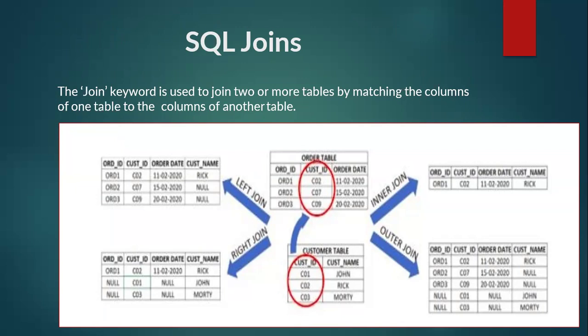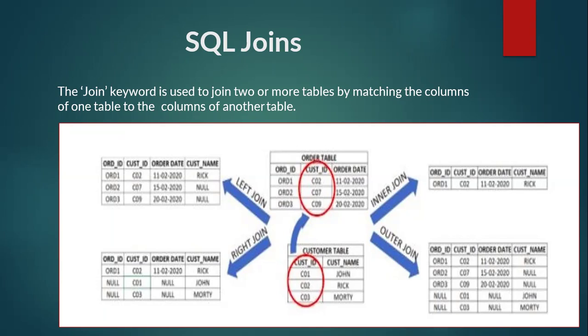Right table means the second table. You can see in the lower left corner the resultant table created by right join. Here you can see C02, C01 and C03. All these records are present in the customer table, the right table.